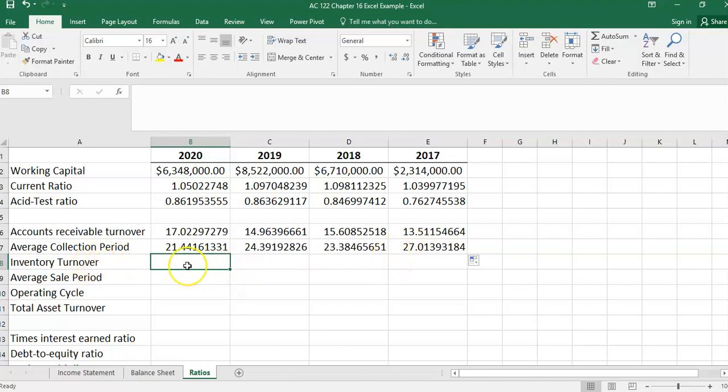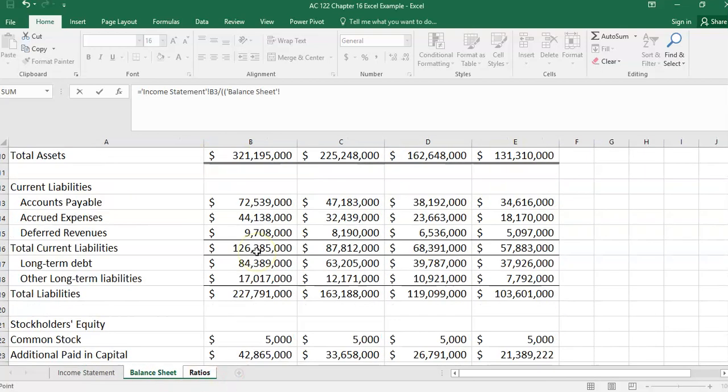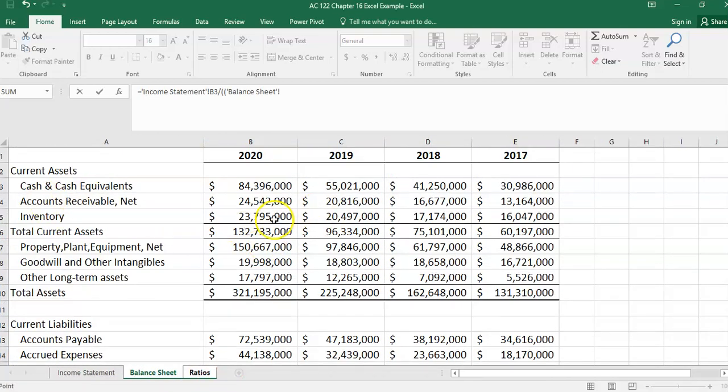The next ratio is inventory turnover ratio. Inventory turnover ratio is very similar to accounts receivable turnover, except we're going to use inventory numbers. So we have cost of goods sold and inventory. We take cost of goods sold divided by average inventory. So cost of revenue, just another term for cost of goods sold, divided by the average total inventory.